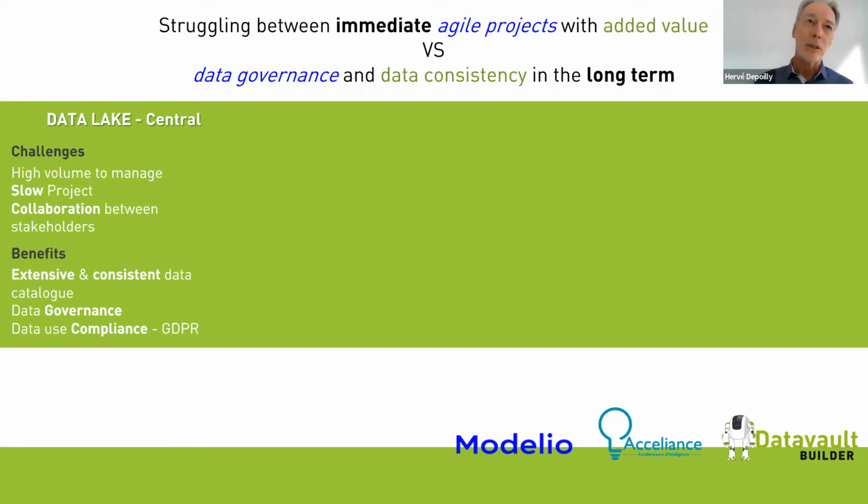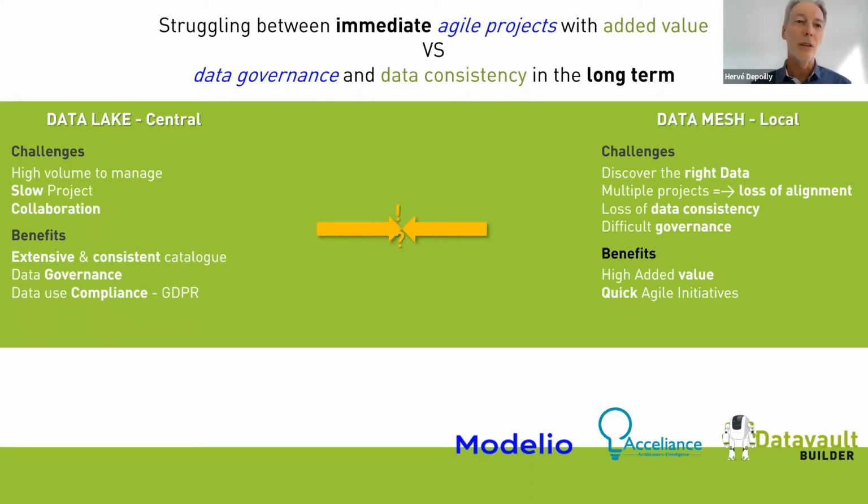So on one side, we have the centralized approach, the big data lake project and the big data mapping. It meets a certain number of challenges: the high volume of data to manage. It's a pretty slow project generally, with difficulties of collaboration between architects and business people. They have different ways to analyze and to see the data and the processes using the data.